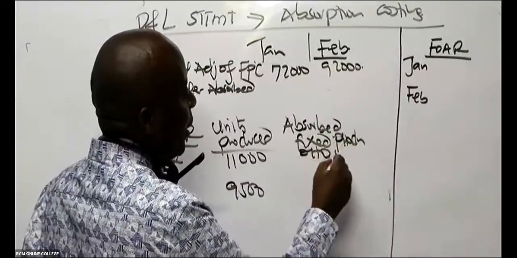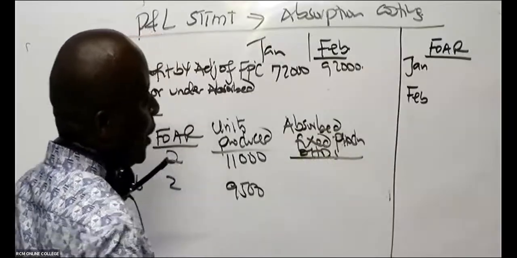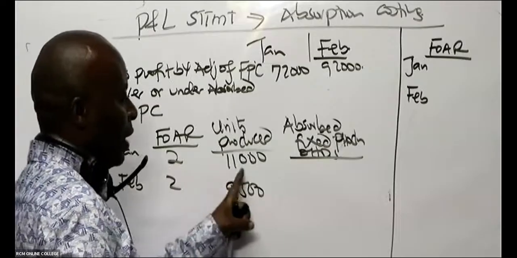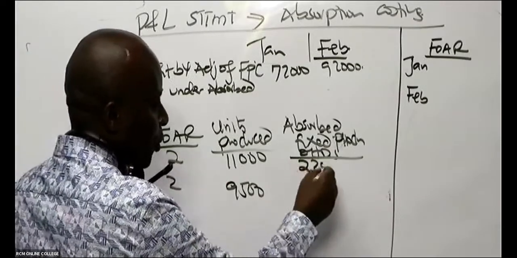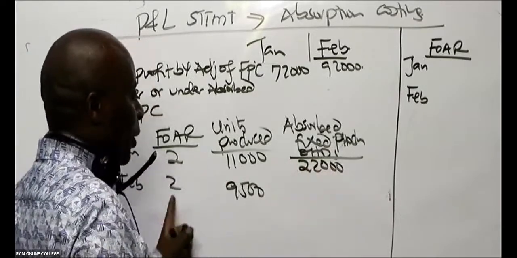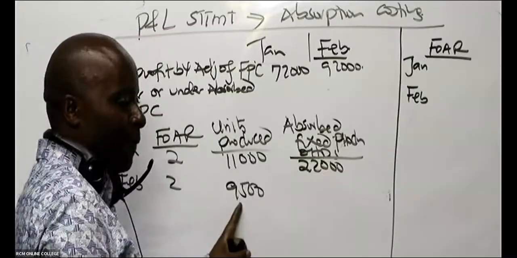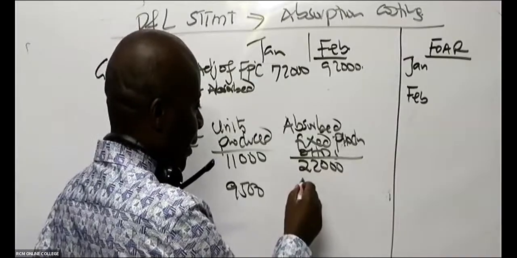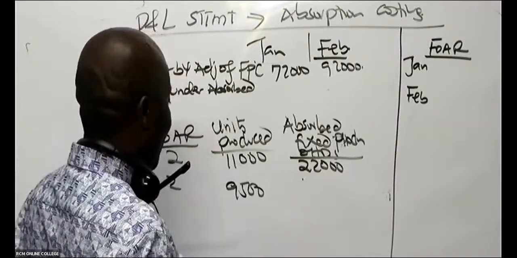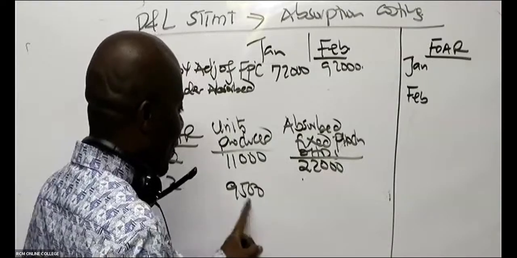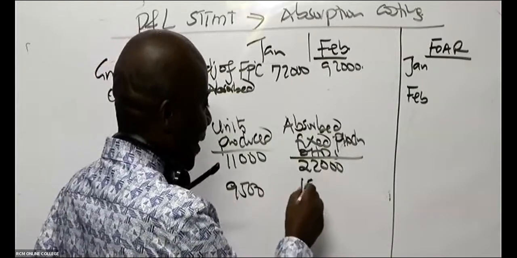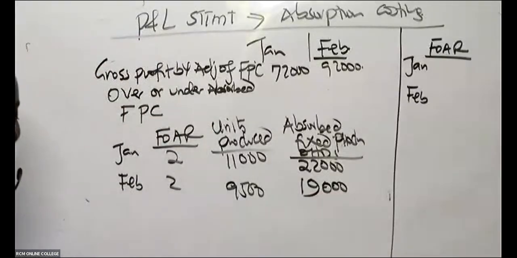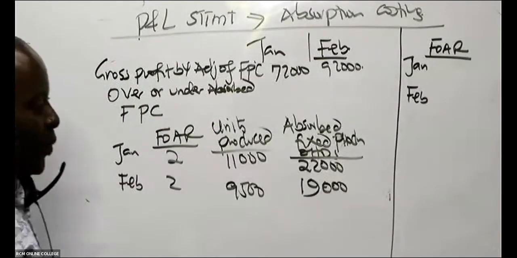It will be 2 times 11,000, 22,000. 2 times 9,500, 19,000. Yeah, you guys are following very well.